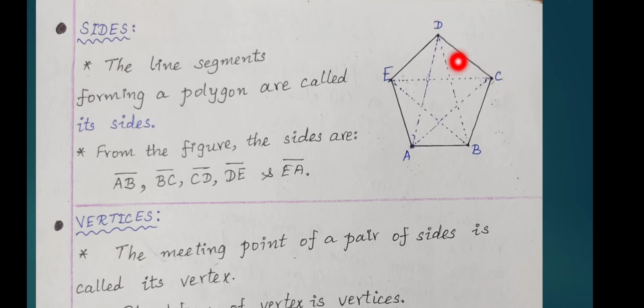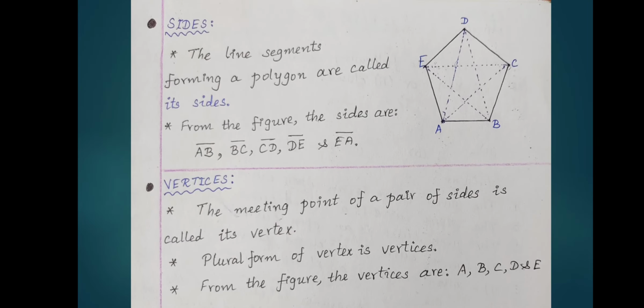D is the meeting point of line segment CD and DE. E is the meeting point of line segment DE and EA. So, A, B, C, D and E are the vertices of the polygon ABCDE.